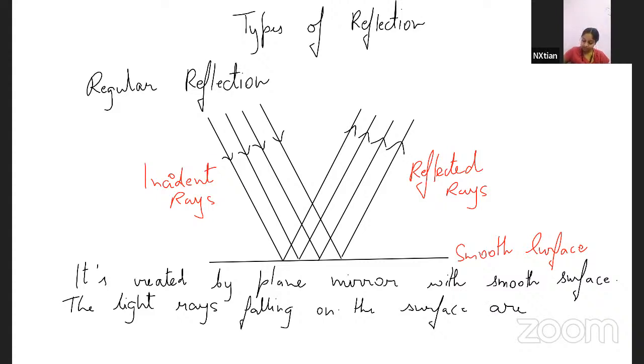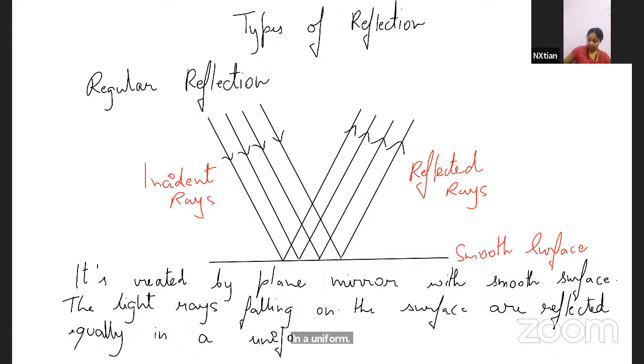Reflected equally in a uniform manner. This is regular reflection.